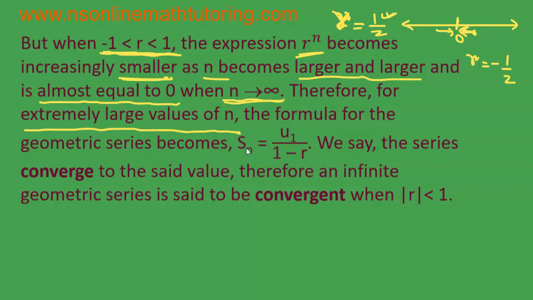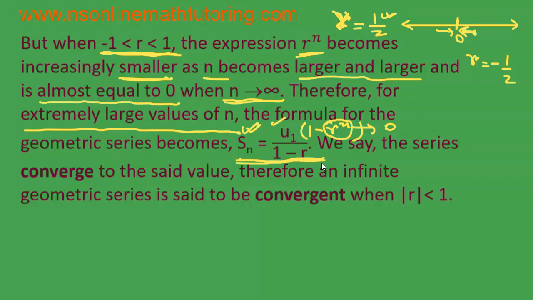So for this formula, this part was equal to 1 minus r to the power of n, and this part is equal to 0. For extremely large values of n, this part is almost equal to 0. So 1 minus 0 is 1. Therefore, the numerator is only equal to u1 over 1 minus r. And this is the formula for the sum total of an infinite geometric series.